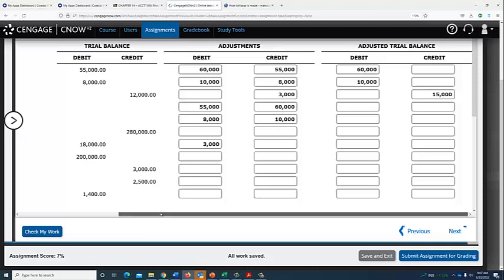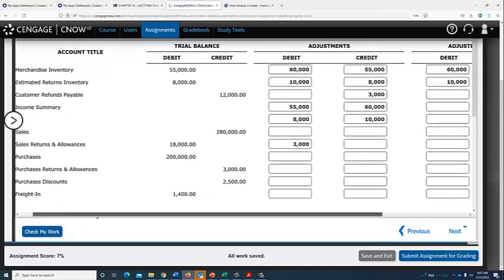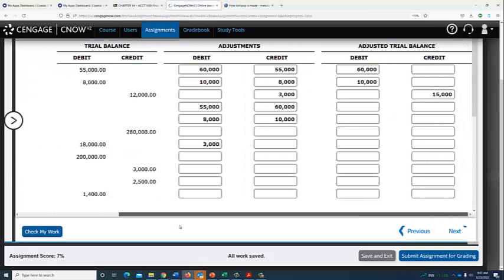Okay, now we are at our income summary account. All right, this is a little different from what we've seen before. We're not netting out these figures, we're keeping them separate. So I'm just going to bring them over exactly the way they sit in the adjustments column.